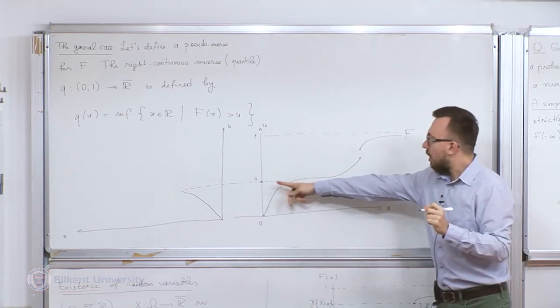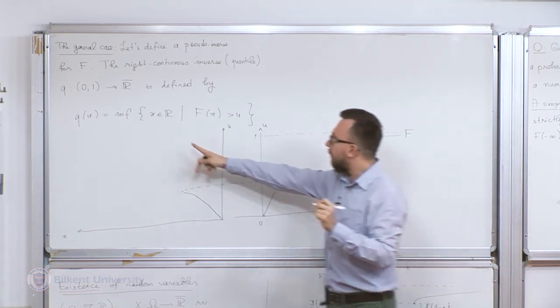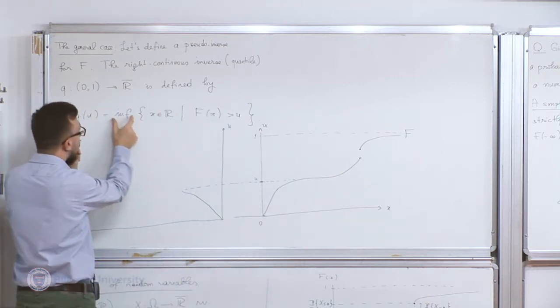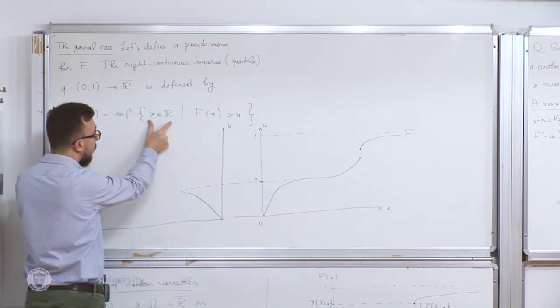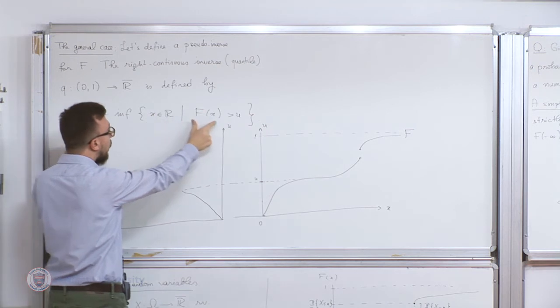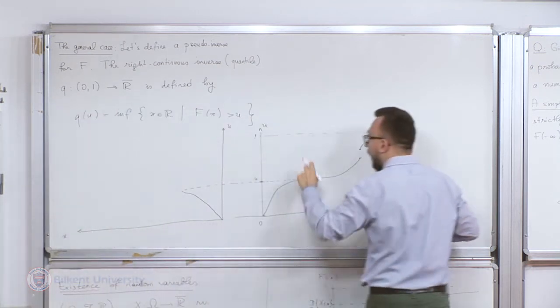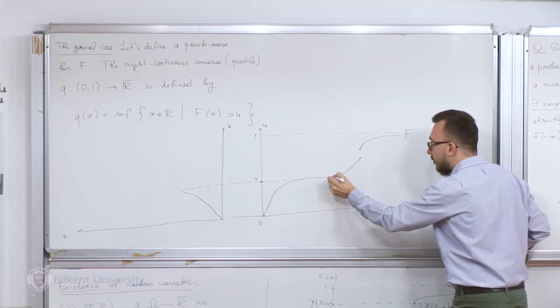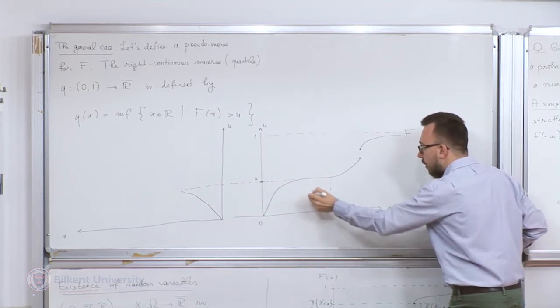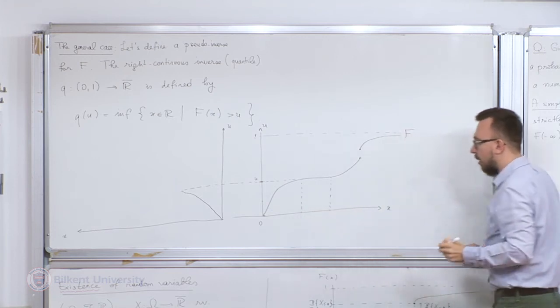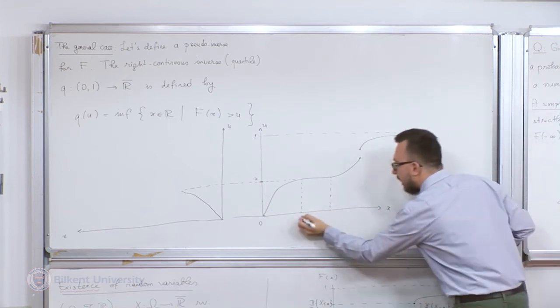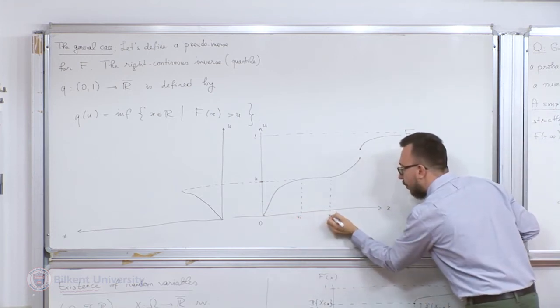Now let's see what the inverse at that point is. Let's see how q is defined: the infimum of x values for which f of x is strictly above u. What is the set of x values for which f of x is strictly above u? So let's say this is x1 and this is x2.